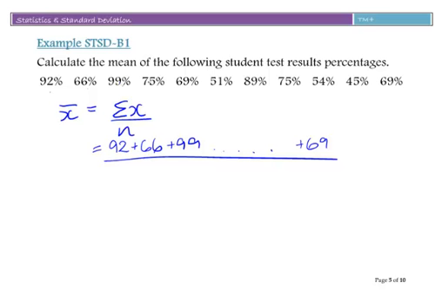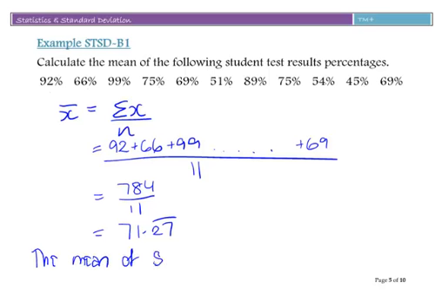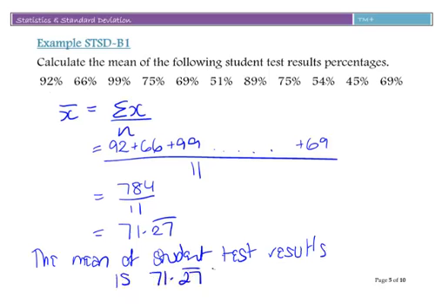So there's 1, 2, 3, 4, 5, 6, 7, 8, 9, 10, 11. If you add all those up, you get 784. It's divided by 11, and our answer is 71.27. The 27's recurring. So the mean of student test results is 71.27%.